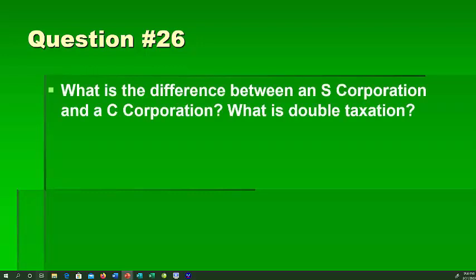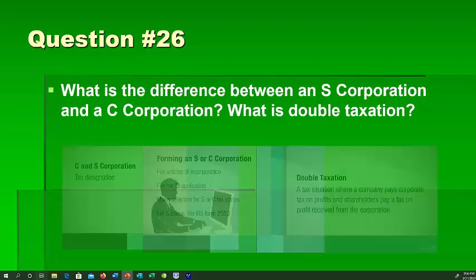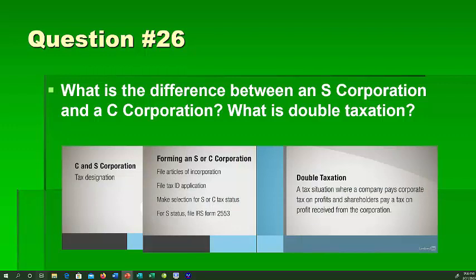Okay. What is the difference between an S corporation and a C corporation, and what is double taxation? These are the slides. Essentially, it is a tax designation. Dana goes on with this, saying a corporation is a corporation, so the structure of it, meaning the directors and the officers and the shareholders, the types of shares, all of the basics of that are still going to stay intact.